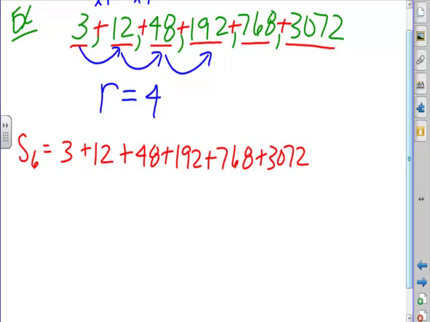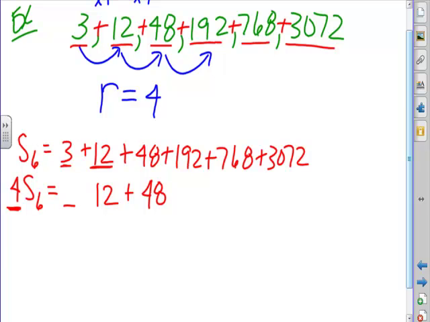I am going to take my common ratio 4 and multiply it by everything in this sum that I'm trying to figure out. So when I take this 4 and multiply it by 3, I get a 12. Instead of putting the 12 here, I'm going to put that 12 over here. Then when I take this 4 and multiply it by this 12, I get a 48, which I'm going to put here.